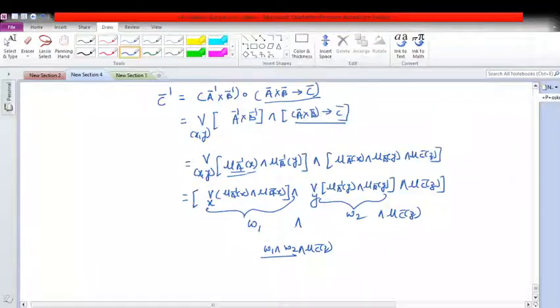So w1 is the degree of compatibility between A bar and A bar dash, w2 is the degree of compatibility between B bar and B bar dash, and then we clip on C bar.